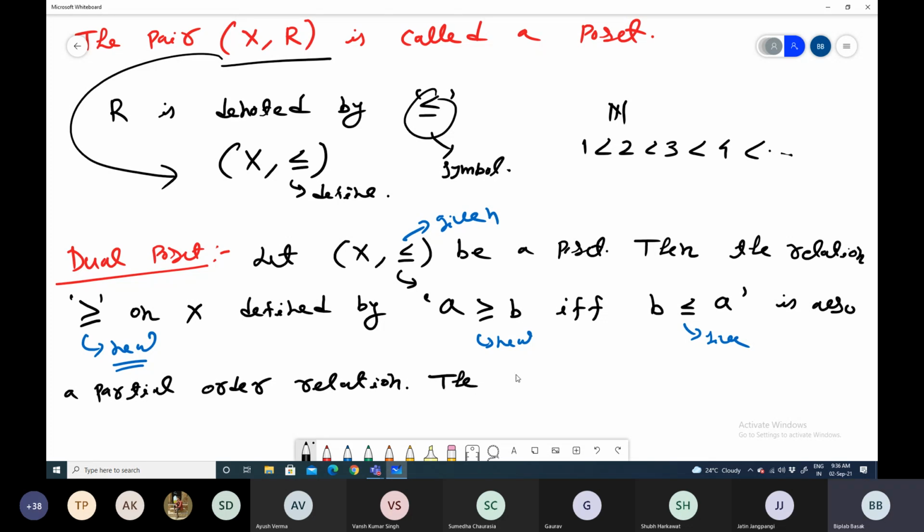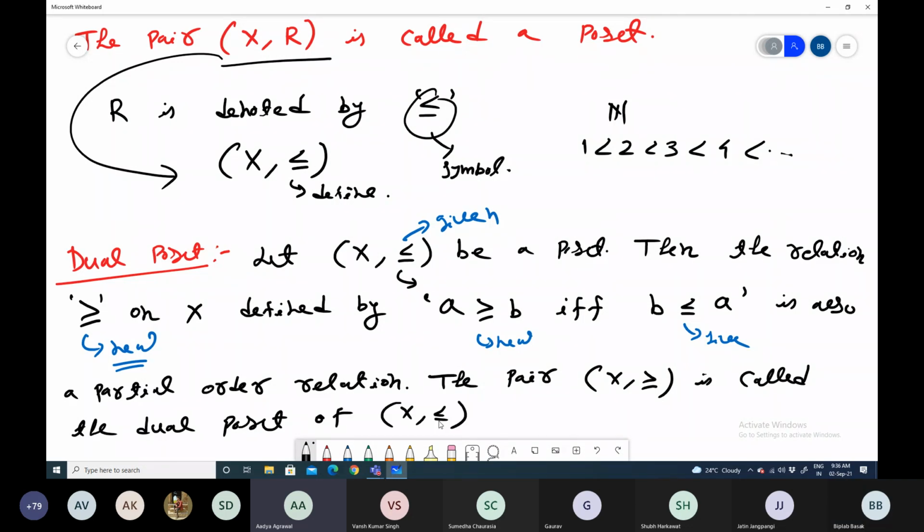Now the pair (X, ≥) is called the dual poset of (X, ≤). So that was the given one and this is the new one.